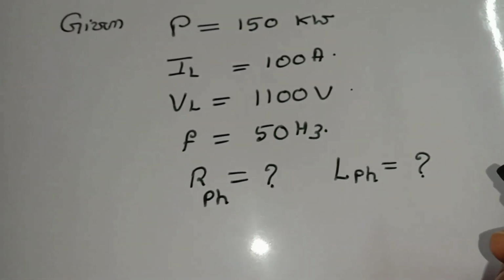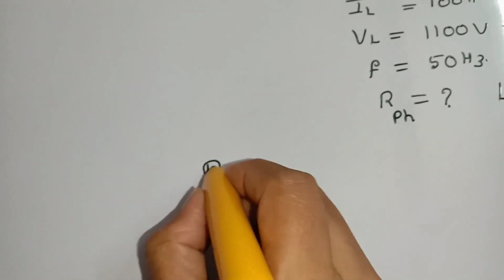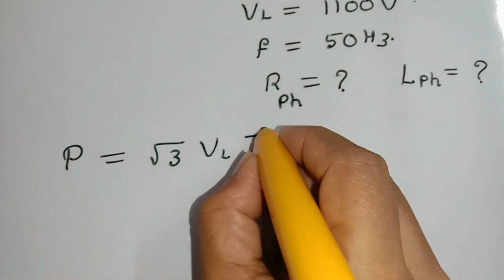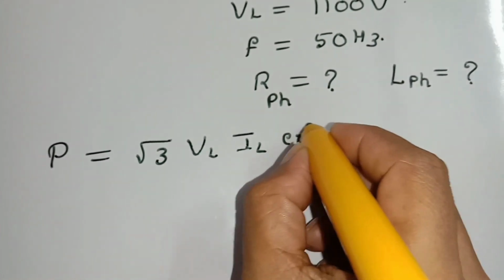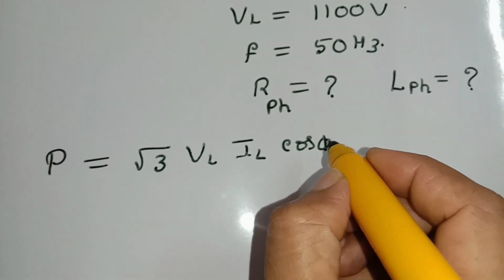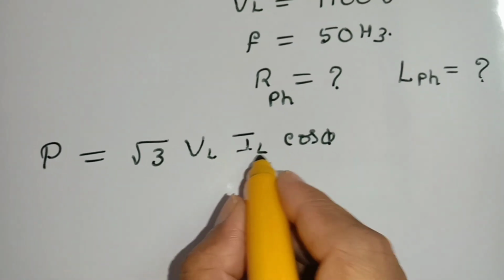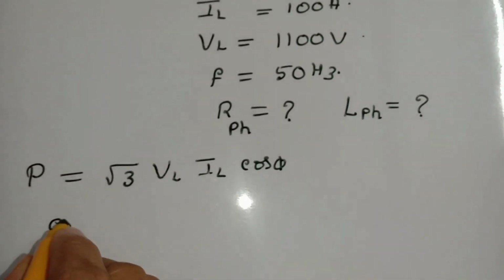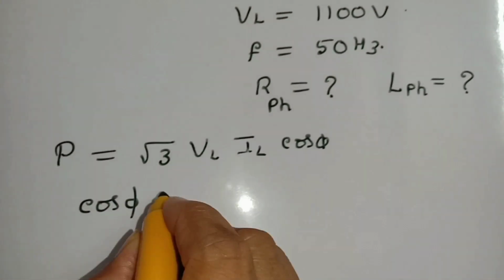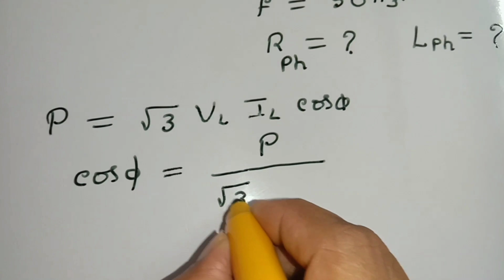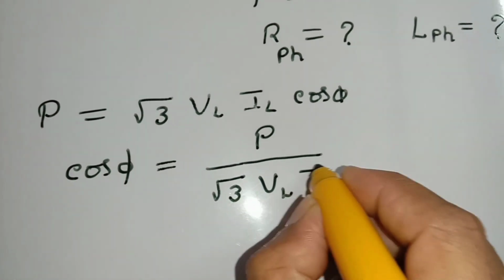So to begin with, we'll make use of the formula P is equal to root 3 VL IL cos phi. So we'll substitute all. P is given, voltage is given, IL is given, cos phi is unknown. So first we will find out the power factor cos phi is equal to P divided by root 3 VL IL.